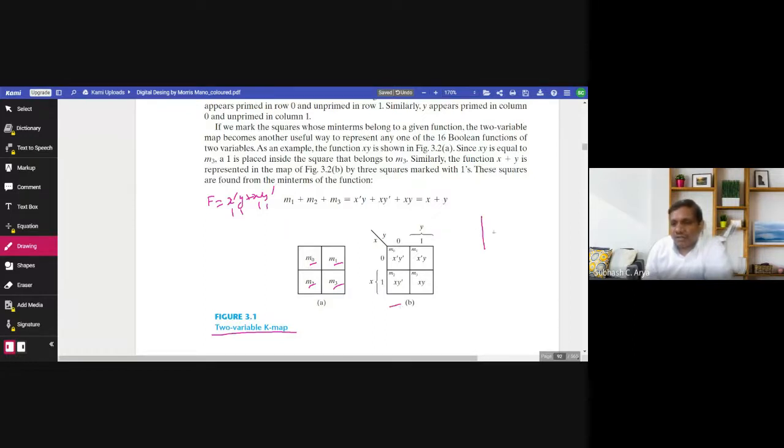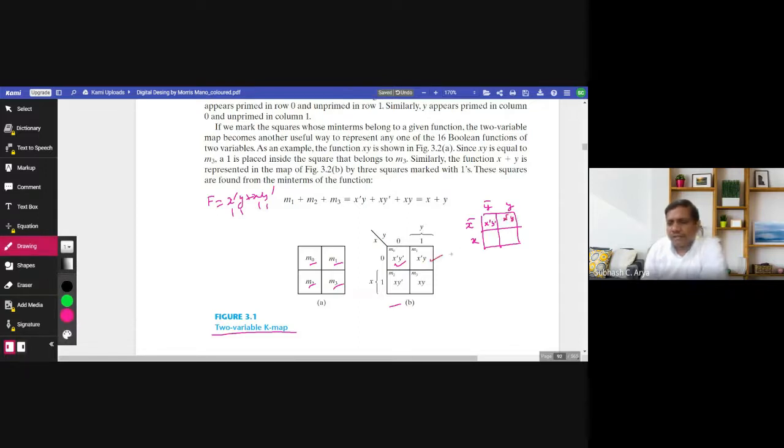Let us see here. Suppose I draw a two variable Karnaugh map, and here I write all possible variables like x bar, x, y bar, y. If we see this square, it consists of x bar, y bar. So I write here x bar, y bar, and this one is x bar, y.